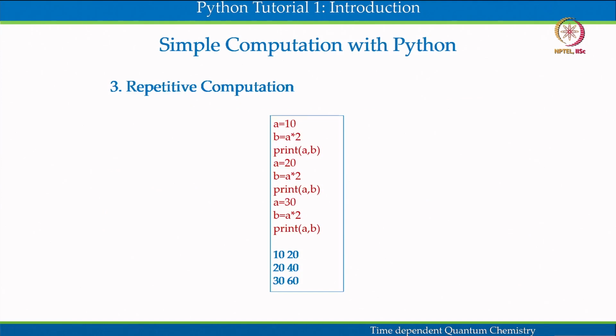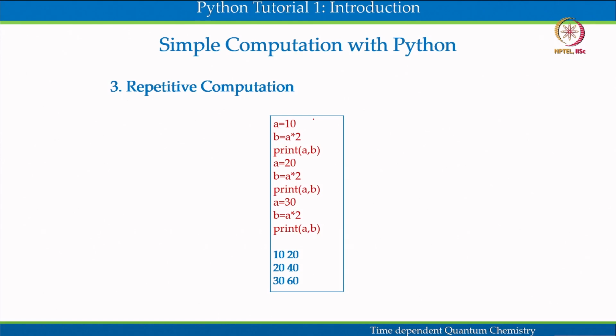So we will move on to the computation, a little more complicated as compared to previous ones. Often in different computations we require repeating a similar kind of computation several times.